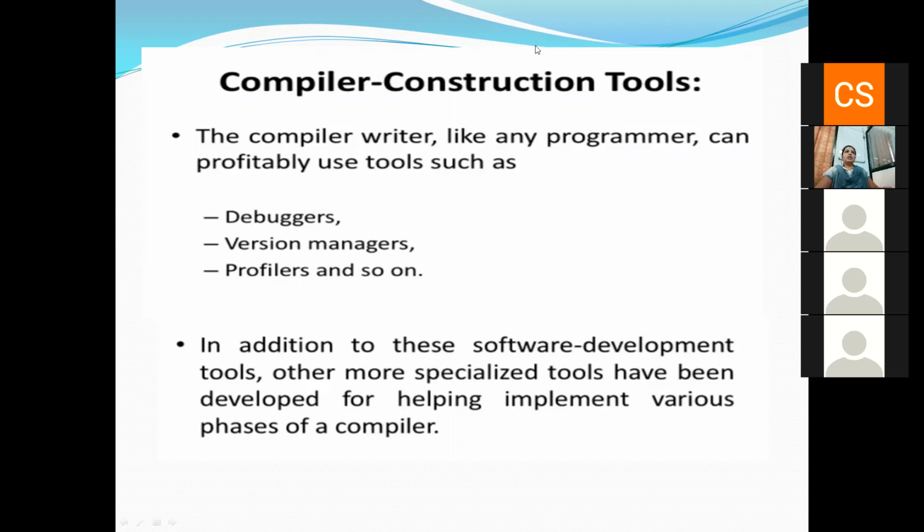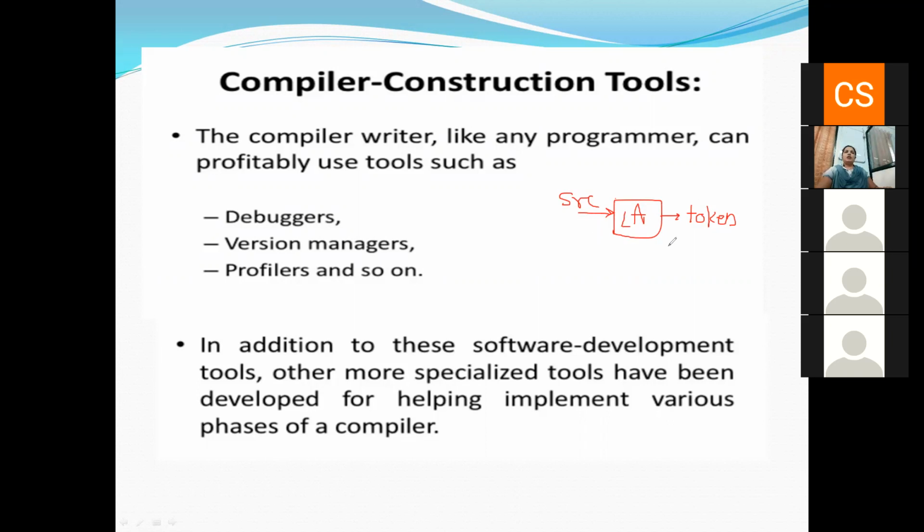A tool is developed to which, if the source program is provided, it works similar to the lexical analyzer, and as an output it should provide the tokens. The tool is developed in such a way that the outcome of the tool is a number of tokens.